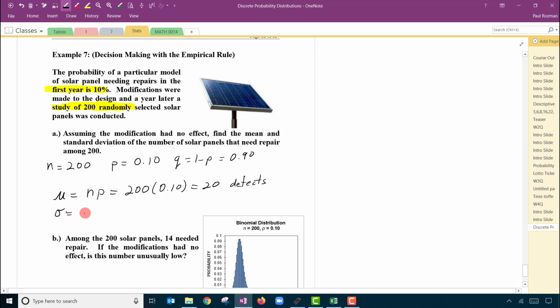The standard deviation is an easy calculation. It's the square root of npq. So we'll do 200 times 0.1 times 0.9, and then take the square root to get the average distance from that mean, which is 4.24 defects.